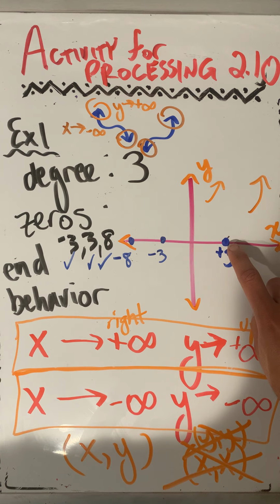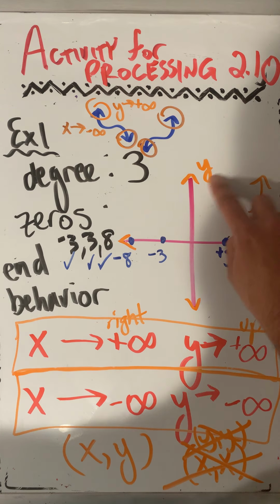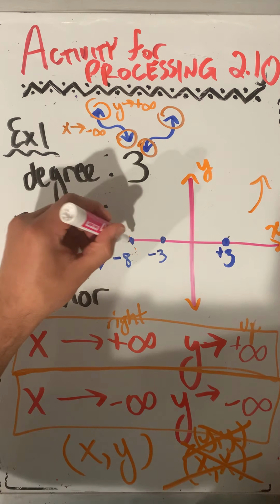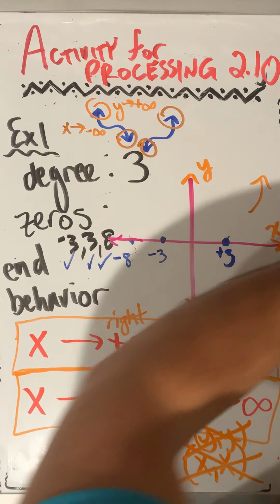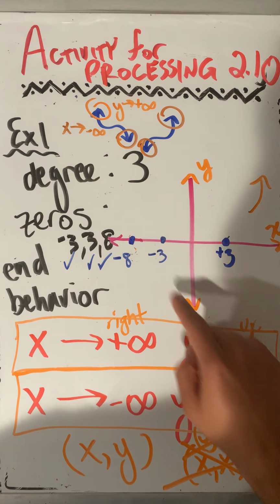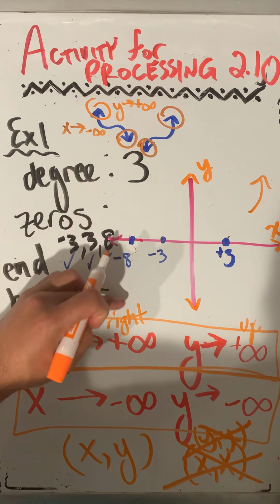This point's not going to be on the graph. So you got to make sure that your end behavior is always after the last 0. So you can assume safely here the next end behavior needs to be somewhere over here to the left of the -8.